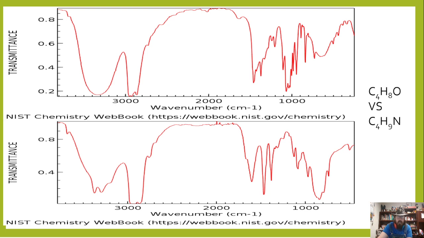That is an OH. And maybe this is a ring, maybe it's not. But in this guy, it's still very broad, but you see two little humps right there in that region. Two very distinct humps. So that might very well be an NH2. Just want to show the difference of that. They're very broad, still very broad, but it has some humps in there that show that there's two peaks associated with that.